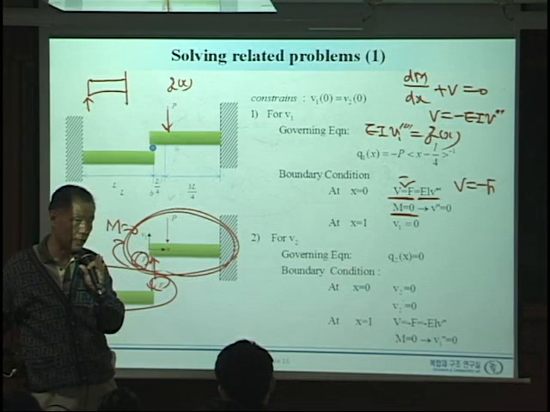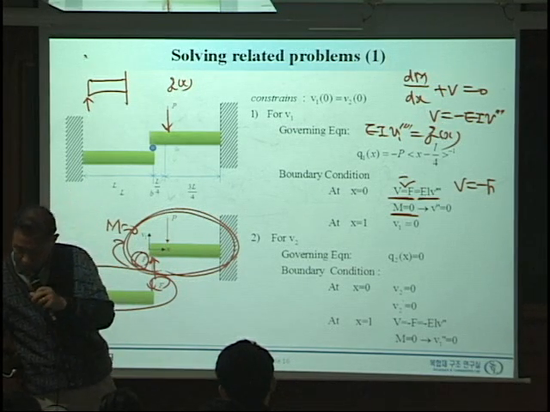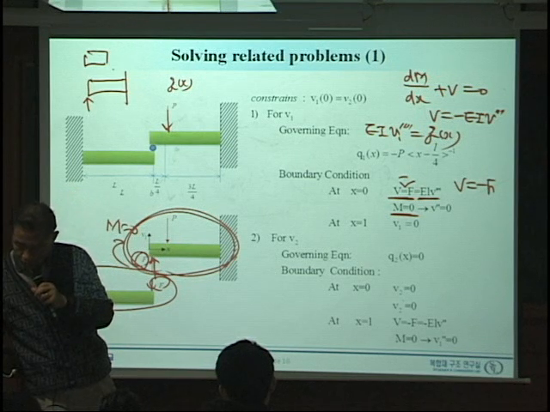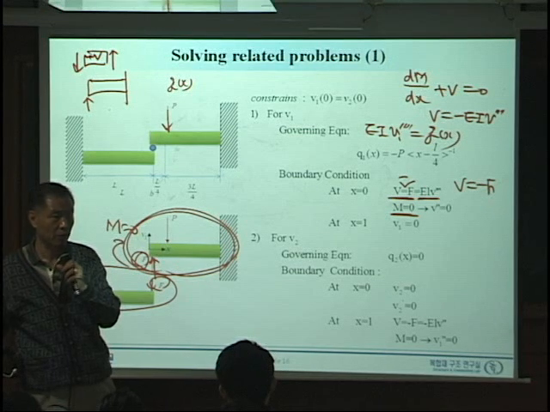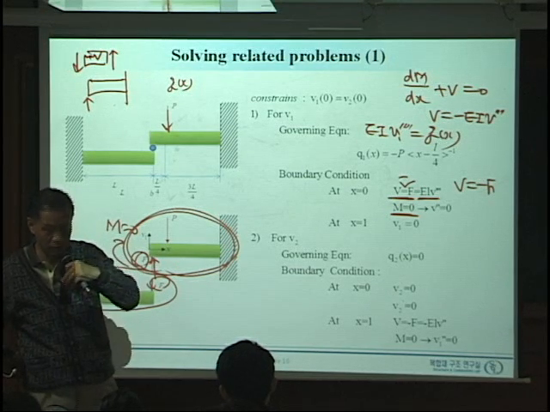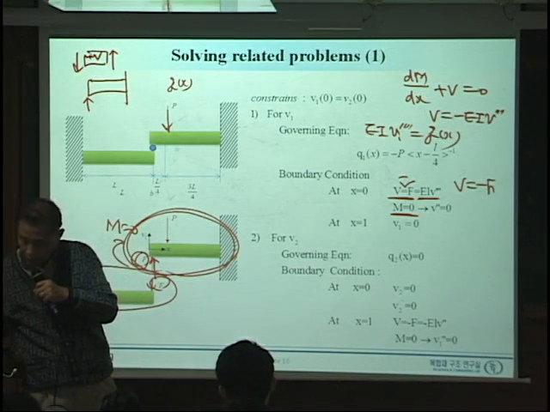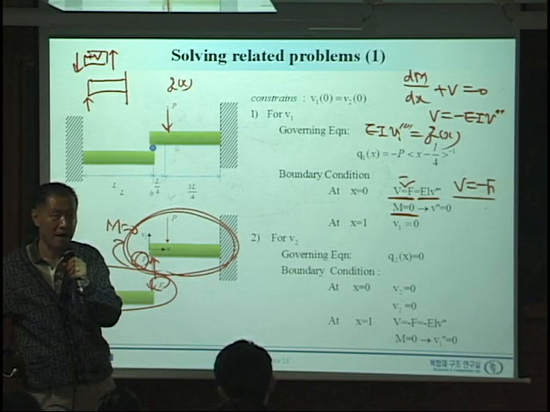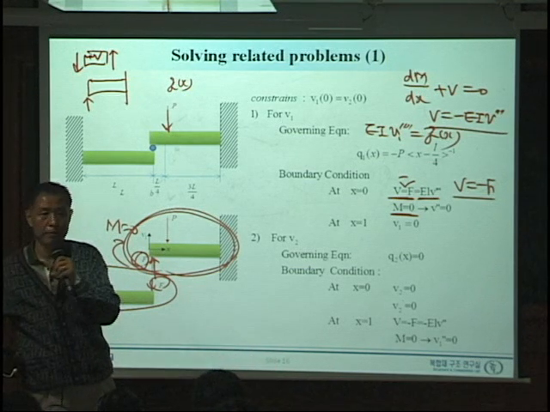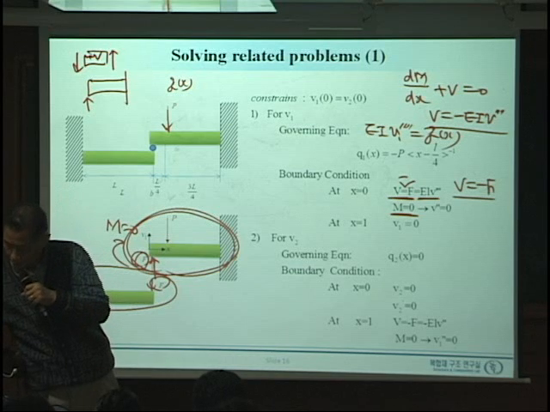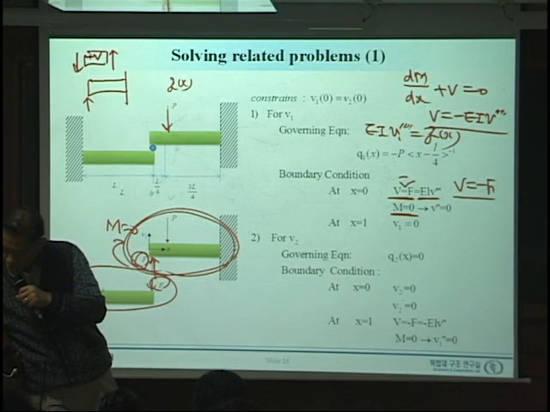On the left-hand side. Remember the shear force is positive here and here. This is the positive shear force, right? On the left-hand side, it should be downward, but the force is upward, so shear force should be minus F, and V is the minus EI triple prime, so this is what we get.